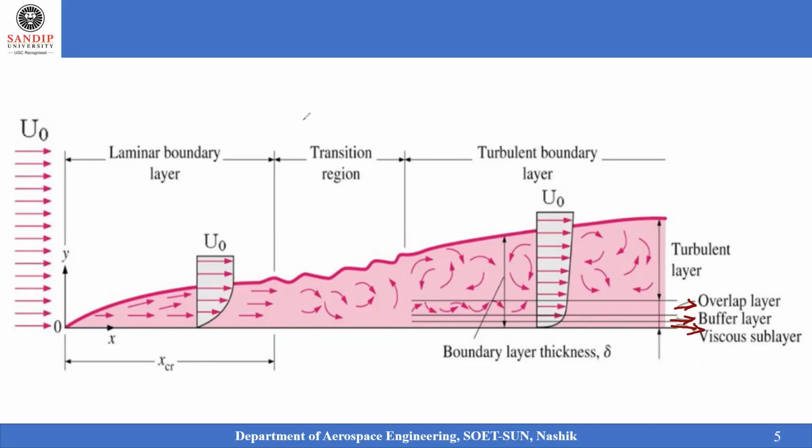So totally, for flow over a flat plate, we have two boundary layer thicknesses formed, one in the laminar zone and another in the turbulent zone.